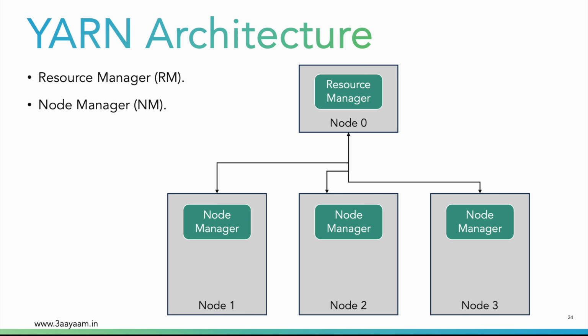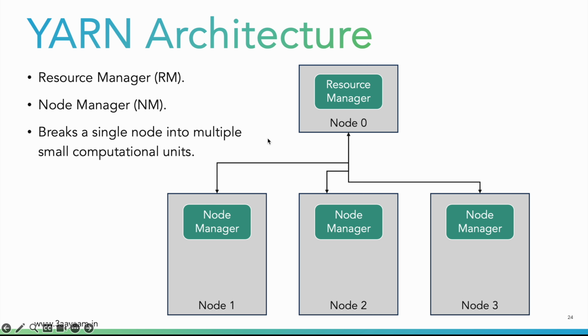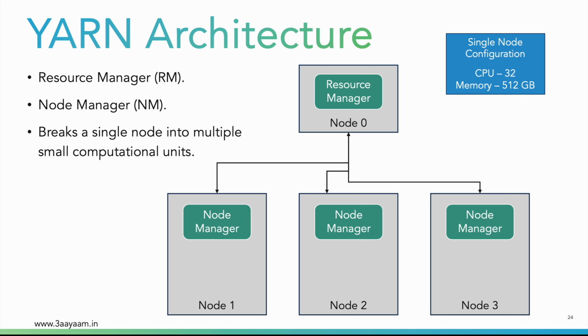Now, what does YARN do? Does it only sit there and allocate resources? It does a little bit more than that. What YARN does, the individual components rather in the compute nodes, is that it breaks a single node into multiple small computational units. Let's take an example. Let's say for our nodes, the single node configuration, we have a total vCPU of 32 and a total memory of 512 GB.